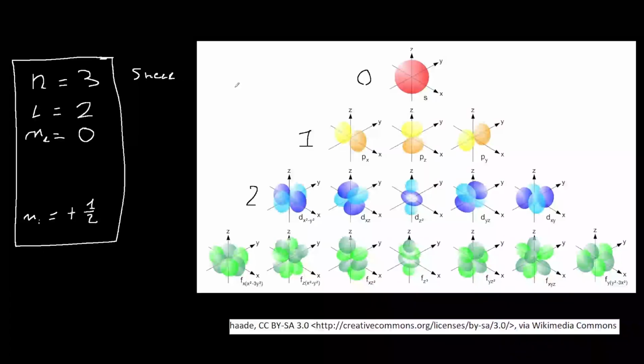Let me lower my mouse's sensitivity real quick so I can actually write. This is the subshell. And then this is the actual orbital, right? And then right here, what we have is just a spin.